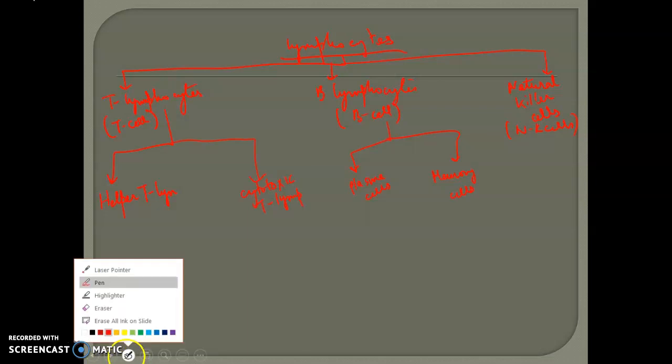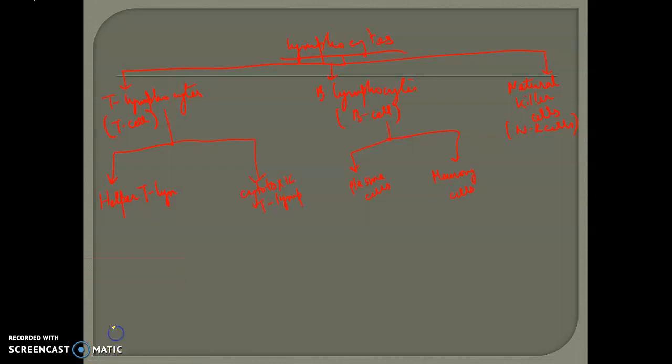Few things to remember. The T lymphocytes are the most abundant type of lymphocytes. About 70 to 85% of the lymphocytes are actually T lymphocytes. Now we will start by talking about the helper T lymphocytes first. They obviously play a role in defense against antigen.